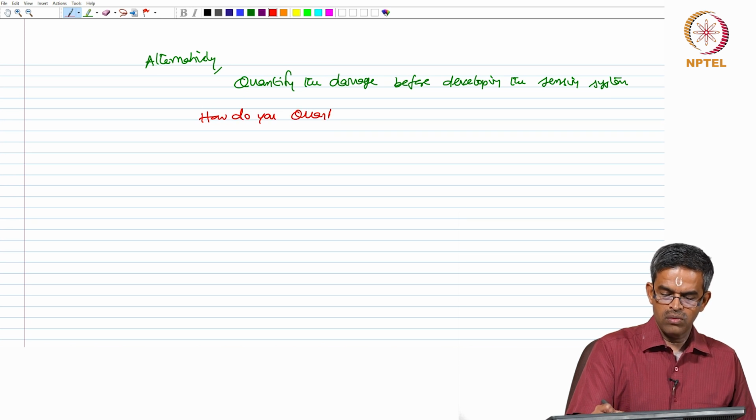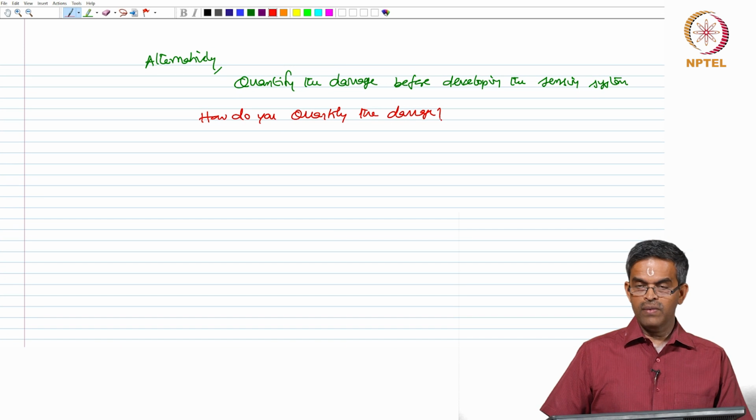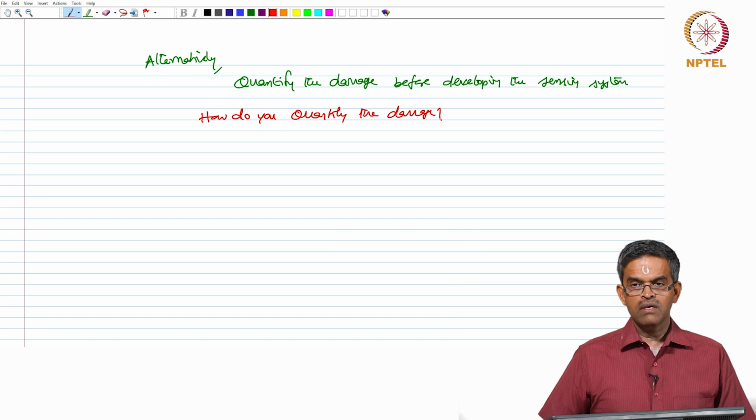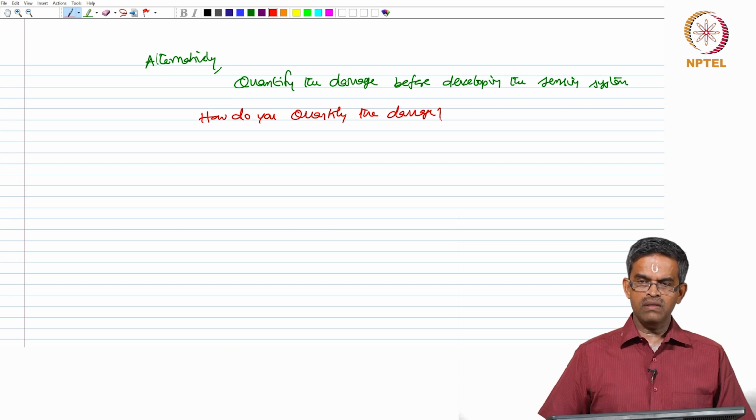How do you know what would be the extent of damage? That is an interesting question. If you cannot quantify them, you cannot have any alternate method of sensing system, except to pick up the array of sensors available in the market, lay them as per the directions given by the manufacturer, and keep on acquiring the data and believe that the data measured by you are damage index parameters which will be shown significantly by the structure, which may not be true in most of the cases.